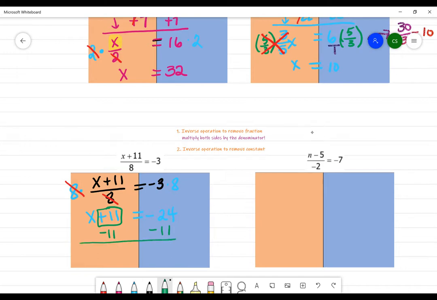Well, I didn't do anything to x, so it's just going to come down. Positive 11 and negative 11 are opposites, so they cancel. And a negative 24 minus 11, remember, all that basically means is negative 24 plus a negative 11, and I get a negative 35.